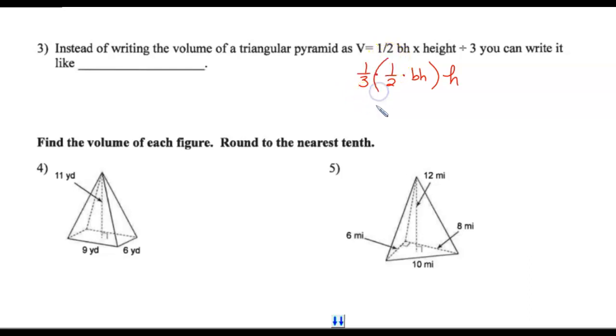If I take this one back out, 1 times 1 is 1, 3 times 2 is 6, so it would be like 1/6 times base times height times the height of the pyramid. So that's where we can get base times height divided by 6 times the height of the pyramid. And so that's where we get this.